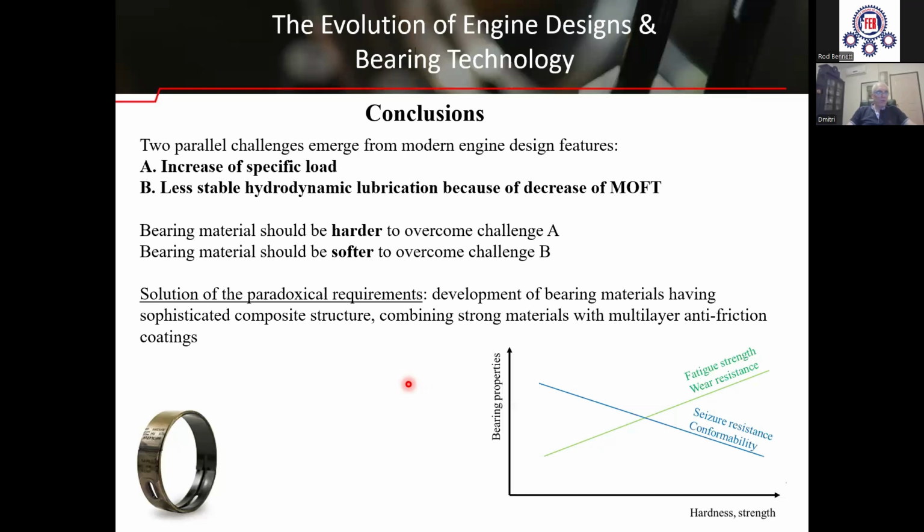It sounds paradoxical. The solution of the contradictory requirements is development of bearing materials having sophisticated composite structure which combines strong materials with multi-layer anti-friction coatings.